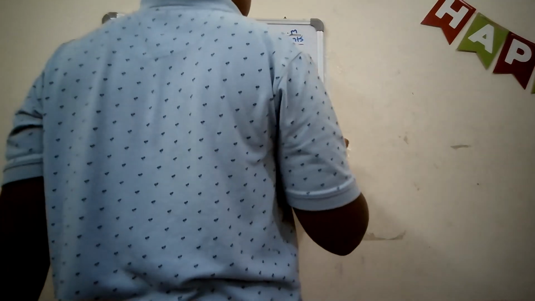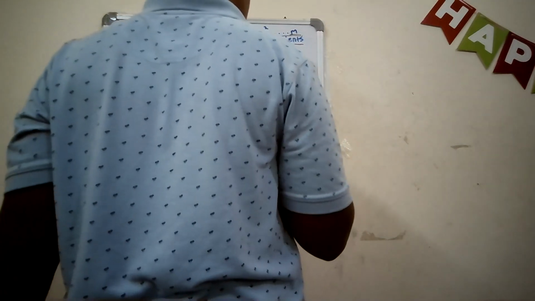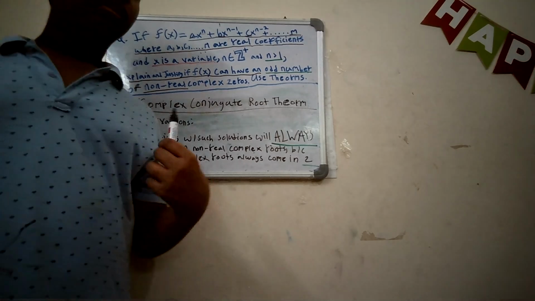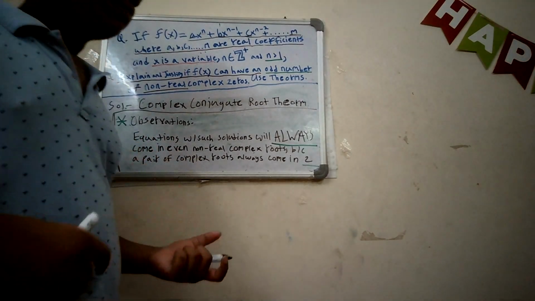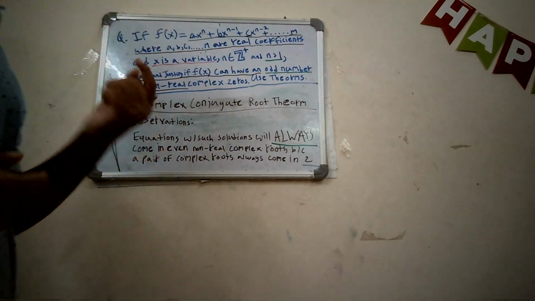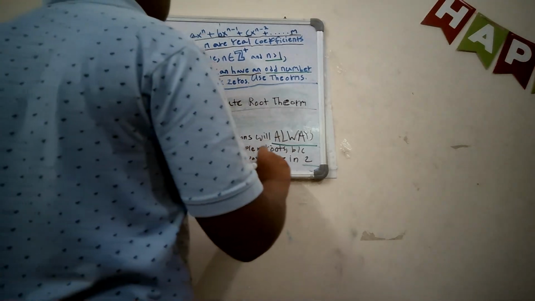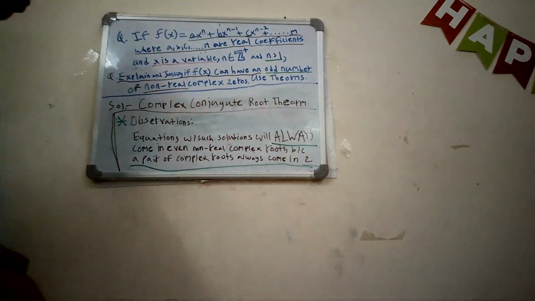Always. Because with the complex conjugate root theorem, we know that the roots will come in like a plus bi and a minus bi. So a pair of complex roots will always come in two.